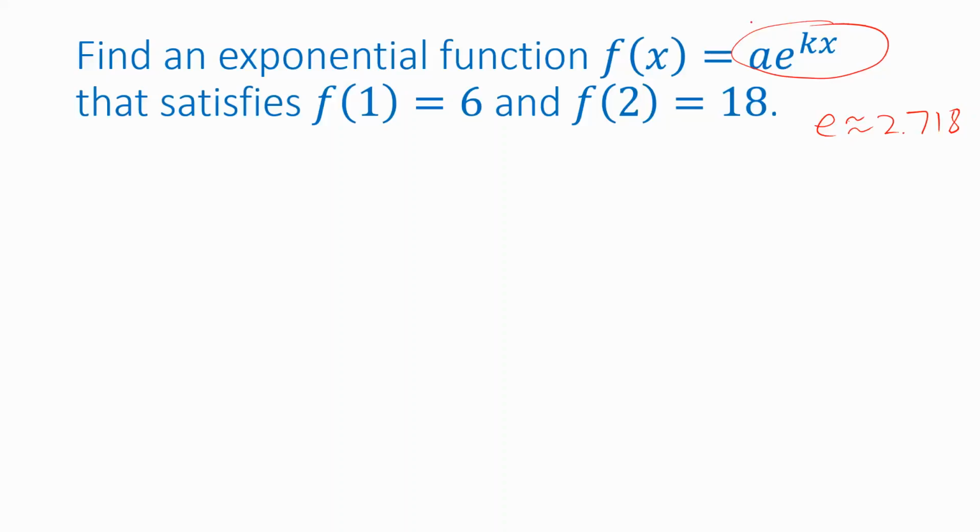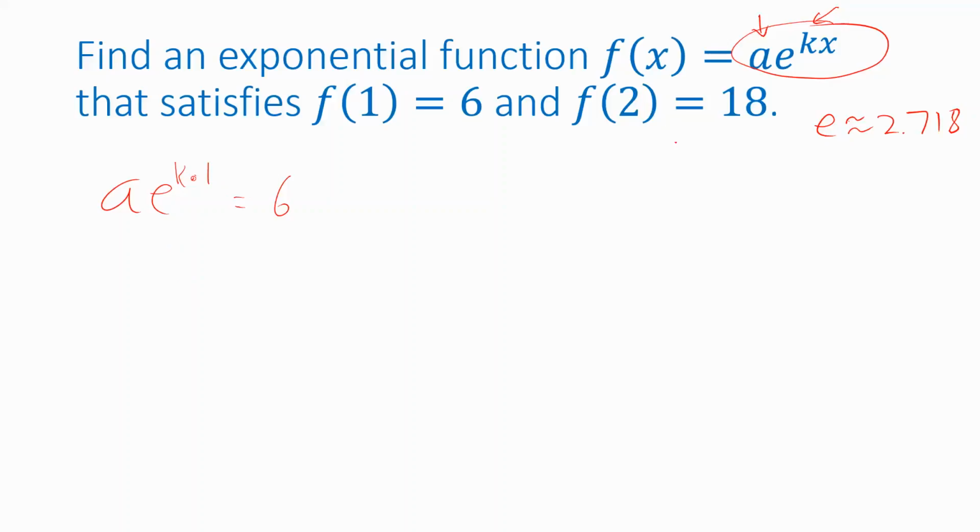So our unknowns in this problem are the coefficient a and this coefficient k. Those are the things we have to solve for. Let's start this just like the previous questions, where we plug in the inputs and set the results equal to the desired outputs. So first I plug in a 1, and I get a e to the k times 1 equals 6.